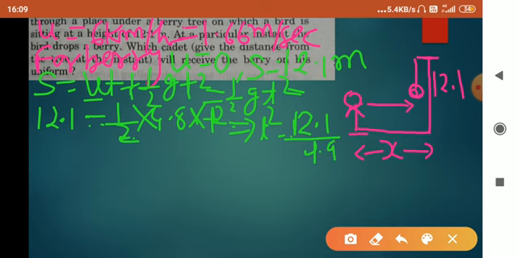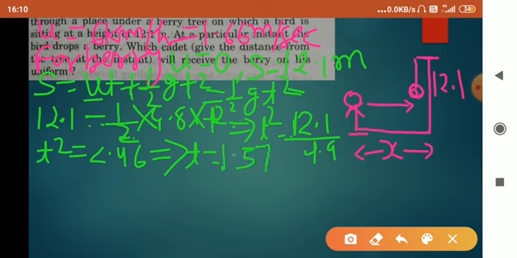On solving this equation, we have t square equal to 2.46, or t equal to 1.57. I hope this is clear to you. In 1.57 second, this berry reaches this point, and in the same time, this cadet catches the berry.